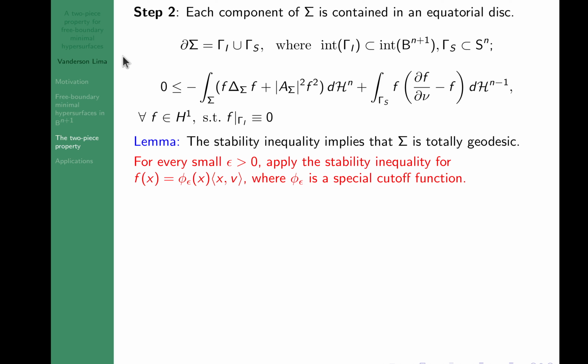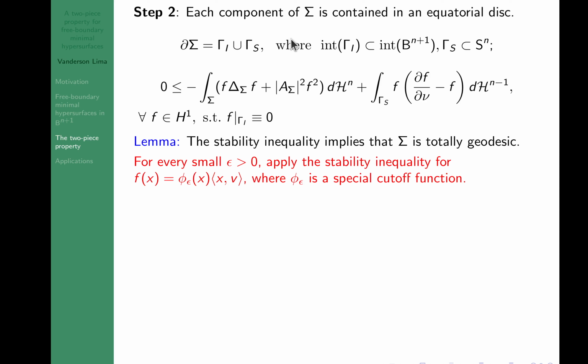And this will give me that I have just the term with the second fundamental form here, and since I have a minus outside the integral, the right hand side is less than or equal to 0, but the stability inequality says that it is greater than or equal to 0, and I can use that to prove that the surface is totally geodesic.